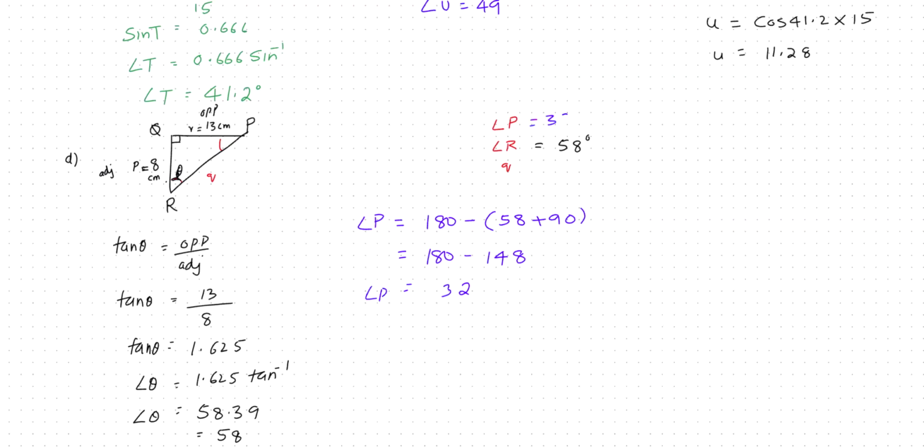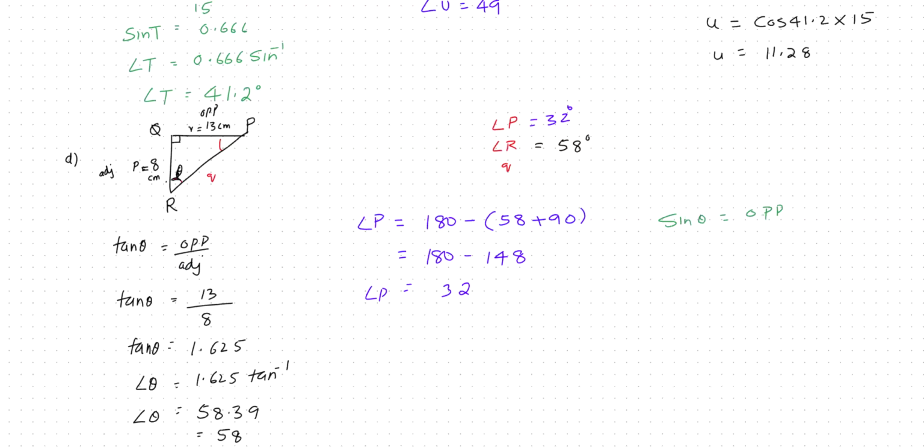Now we have to find side Q. So suppose we take angle R. So for R, this is hypotenuse, and we know the opposite side is 13. So hypotenuse and opposite, what ratio can you use? Sine. So sine theta equals opposite upon hypotenuse.